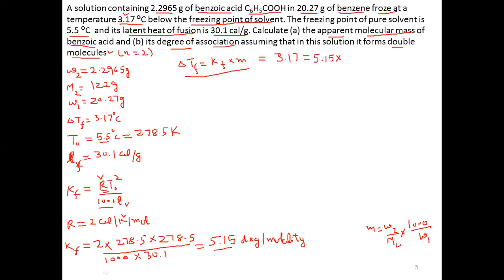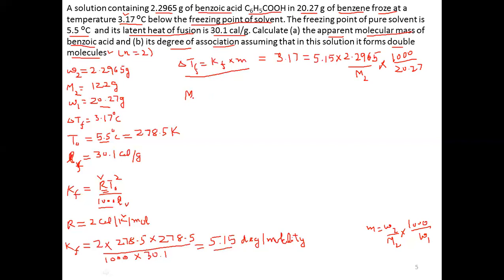We put W2 as 2.2965, divided by M2, into 1000 divided by W1, where W1 is 20.27. So from here we can calculate M2.